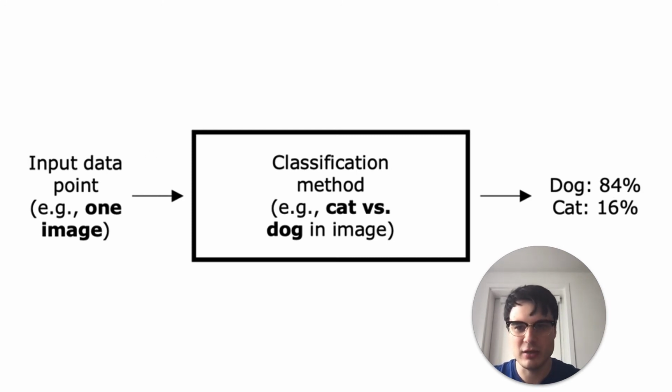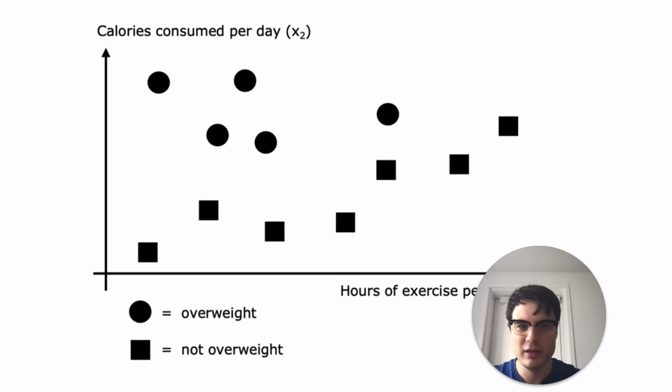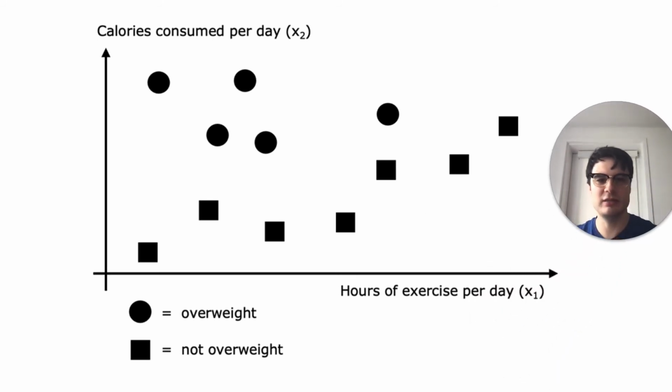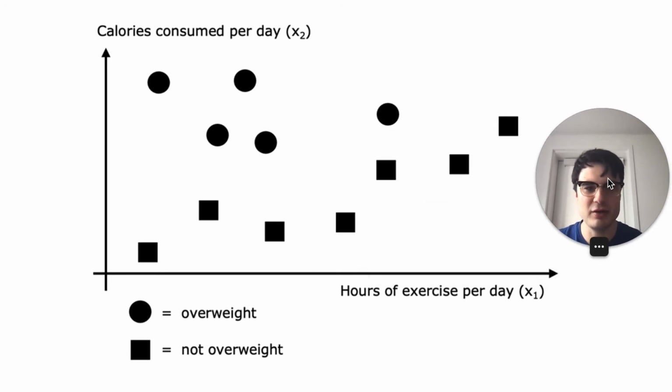But let's go into simpler terms, and I'll move my video over here. Let's say that we have data, and we're trying to build a classifier to predict two categories, overweight and not overweight.